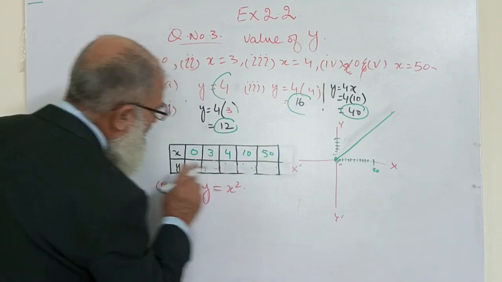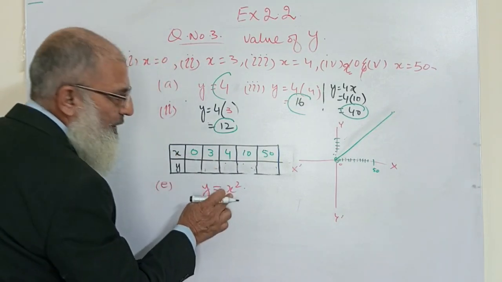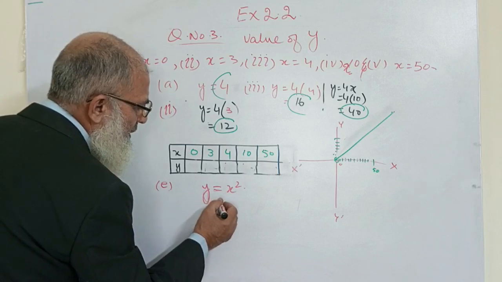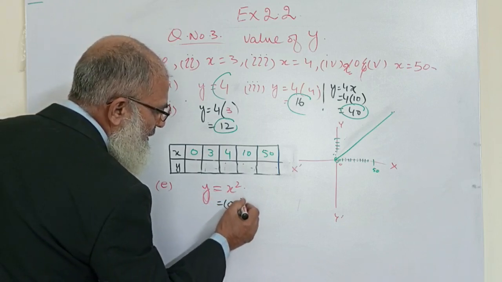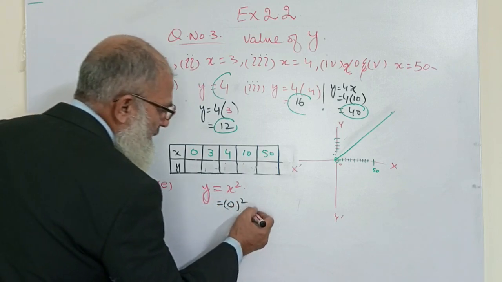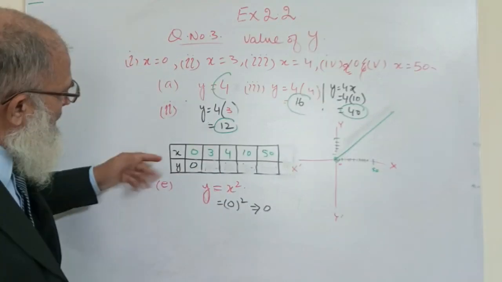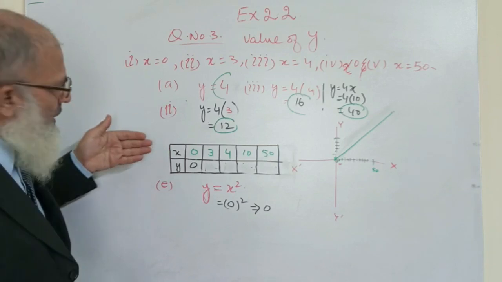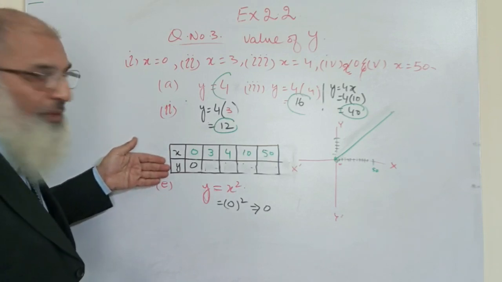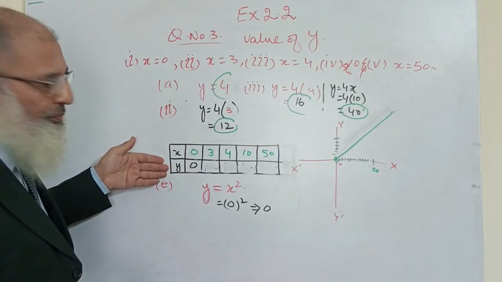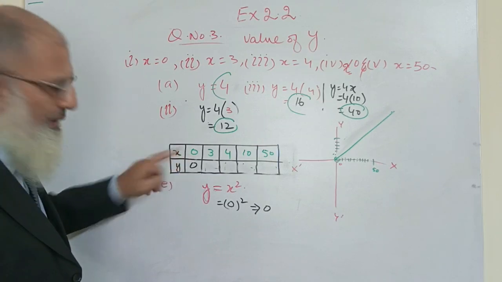Now, for the first value, x is equal to 0, when 0 raised to power 2 is equal to 0. We come across the value of y, that is 0, for the value of x.